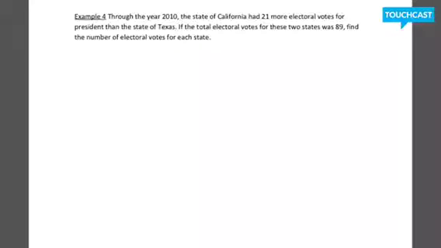So let's call California C, and we'll call Texas T. Do we see any information that's relating C and T? The one thing I do know is that C plus T is equal to 89. C represents the number of electoral votes for California. T represents the number of electoral college votes for Texas.